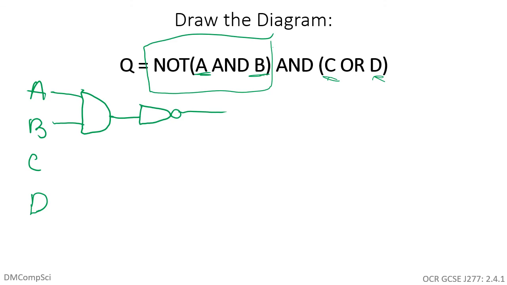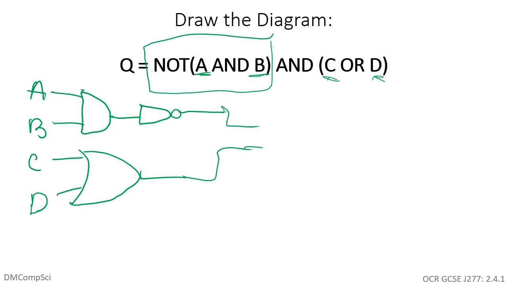Now we want to look at the other half. Find our inputs. As you can see, we've still got C and D to sort out. It's pretty simple here. They are just put through an OR gate, so therefore we can draw that on pretty simply. Okay, so now we want to see what's left.